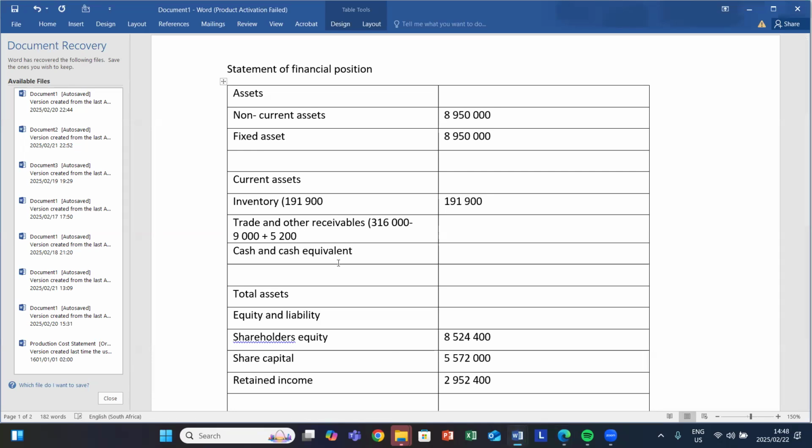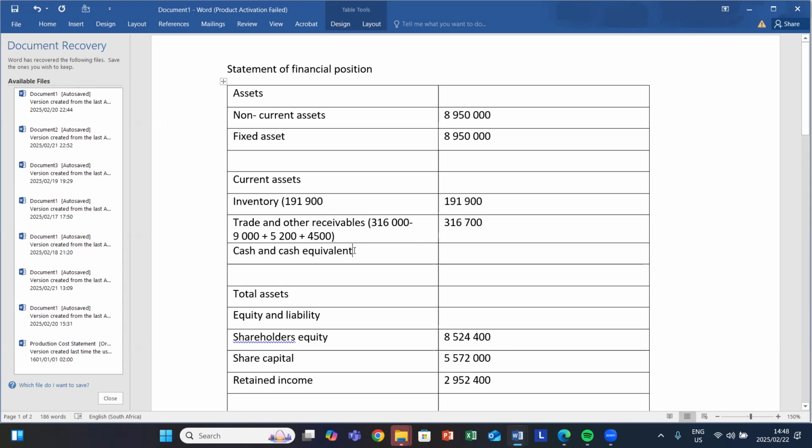You still remember it, right? We did calculate it. Let's insert it in our calculator: 316 minus 9,000 plus 5,200 plus 4,500. In which you get how much? 316,700.